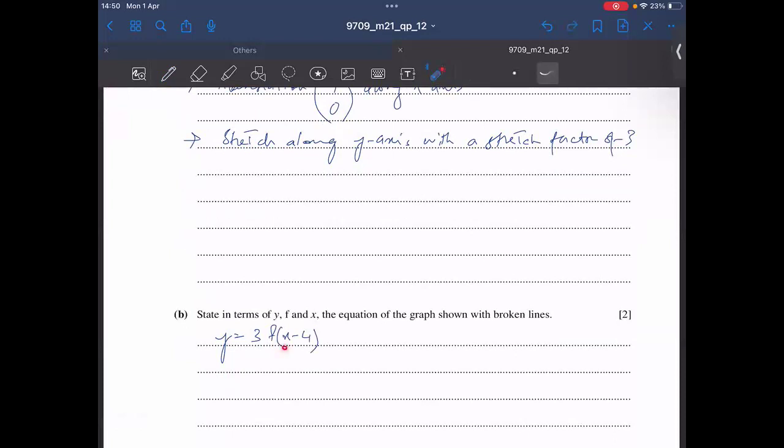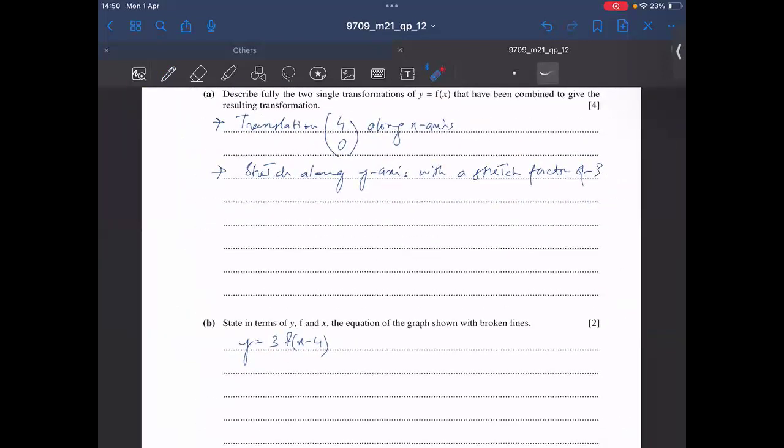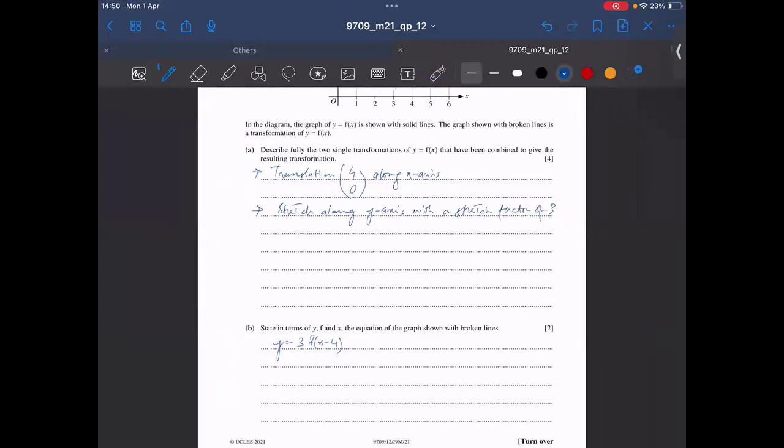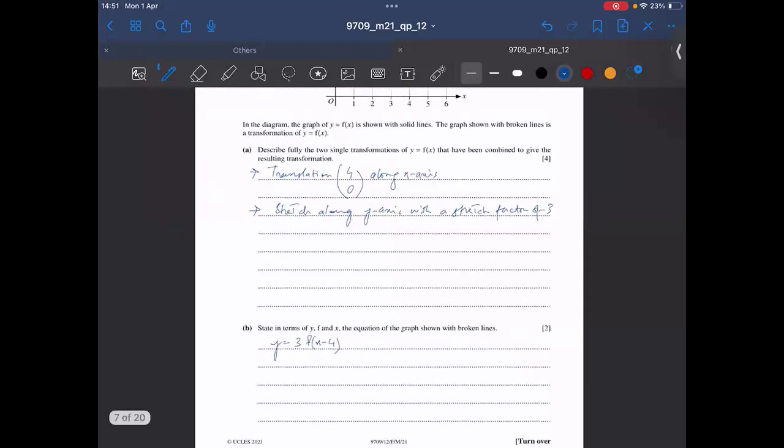The x minus 4 represents the translation along the positive x-axis, towards the right, and times 3 tells you that the graph has been stretched along the y-axis. Is it clear or not, Mr. Iman? Iman, is it clear? Yes, sir.